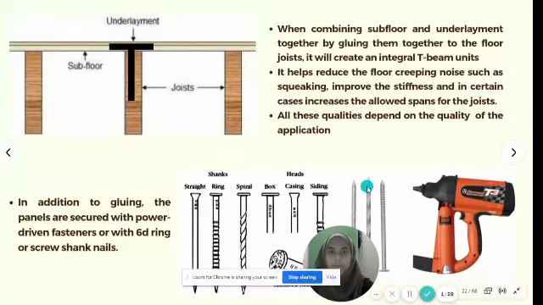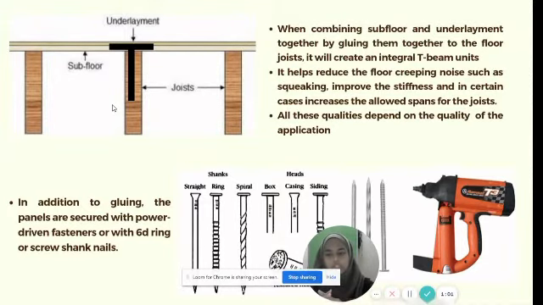Finally, when combining subfloor and underlayment together by gluing them to the floor joists, it will create integral T-beam units, like the one we see in this picture. It will help reduce floor noise such as squeaking, improve the stiffness, and in certain cases increase the allowed spans for the joist. And all these qualities depend on the quality of the application.